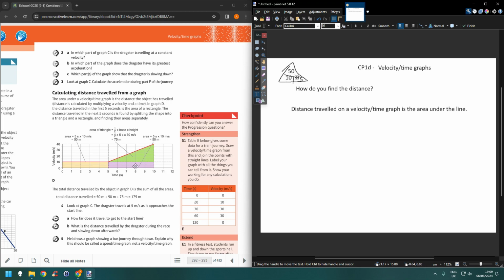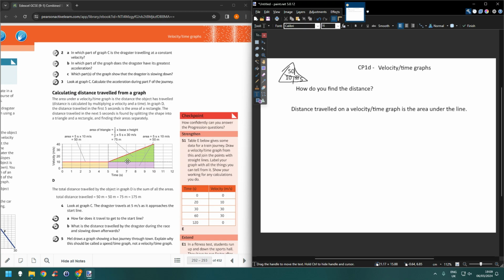The next example is very important because, as you can see, it's not touching the bottom and it's at an angle, which is very interesting. So to find the distance travelled between 5 seconds and 10 seconds, you take this triangle bit and this rectangle bit and add them together. When you're working out the area of a triangle, you take the base and the height and divide it by 2.